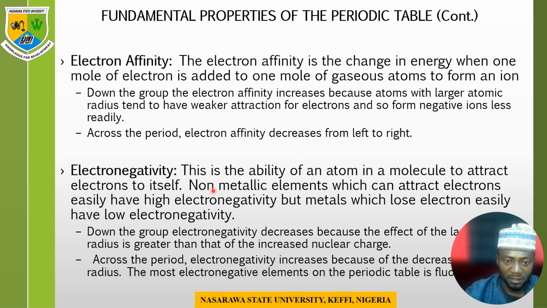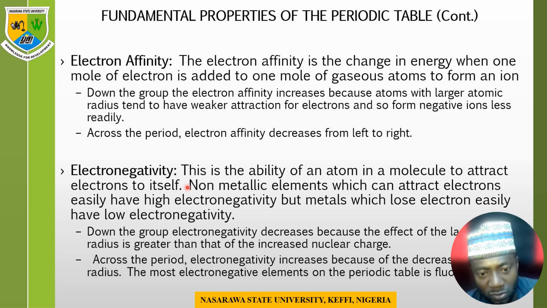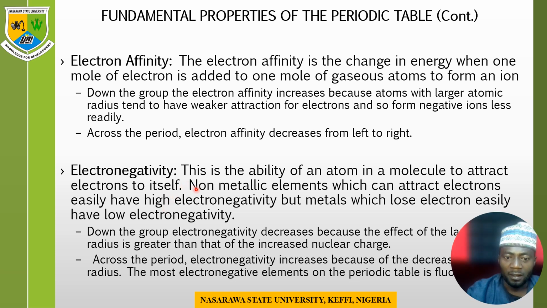Electronegativity is the next property that will show periodicity. Electronegativity is the ability of an atom to attract electrons towards itself. Non-metallic elements which can attract electrons easily have high electronegativity values, but metals, which lose electrons easily, have very low electronegativity values.